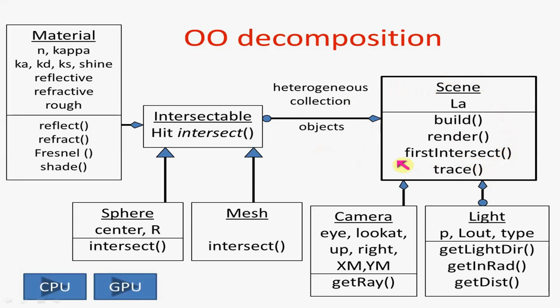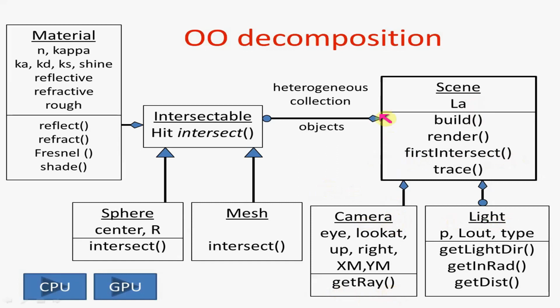A scene can be built, can be rendered, which in turn requires the ability to trace a ray, which in turn needs to find a visible object with the first intersect method. Ambient light is a data member of the scene. The scene has embedded objects like the camera and light sources. The camera serves the rendering algorithm with its getRay function.